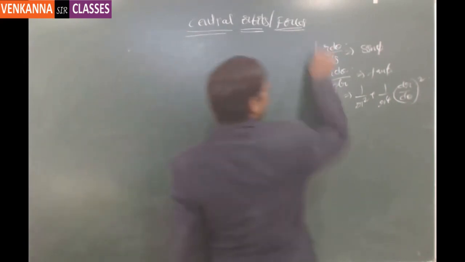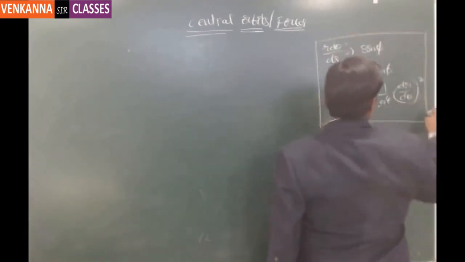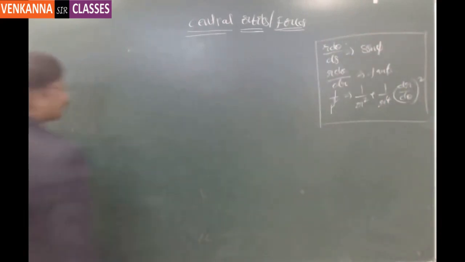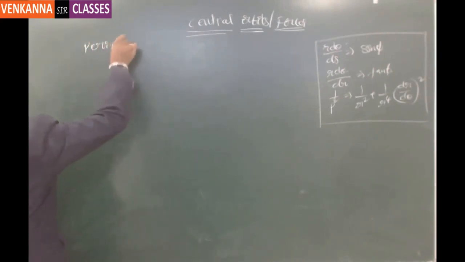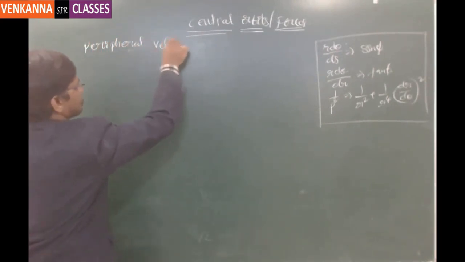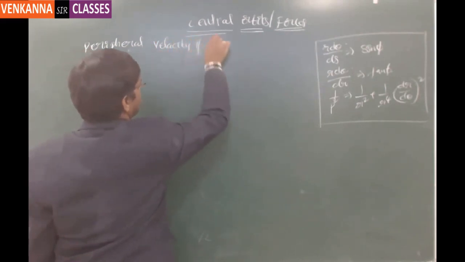Okay. So now based on these relations, first we derive the peripheral velocity of the planet.